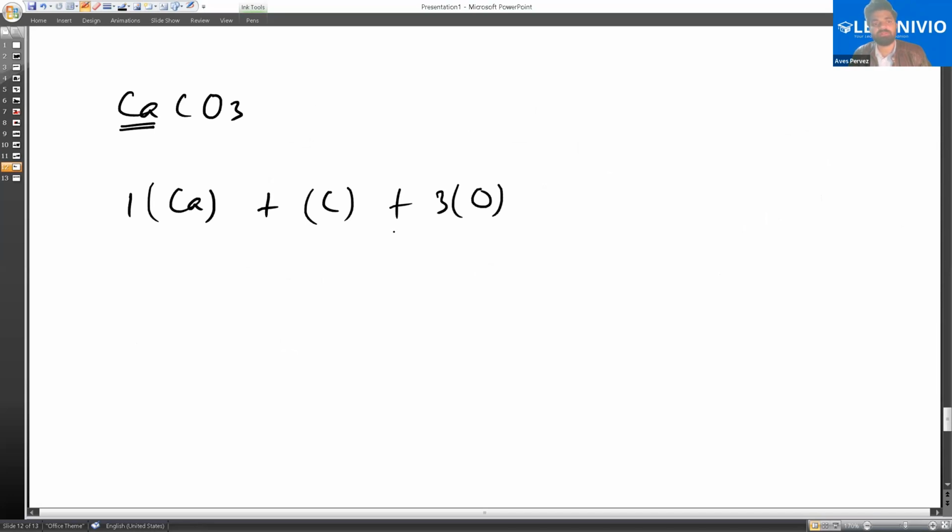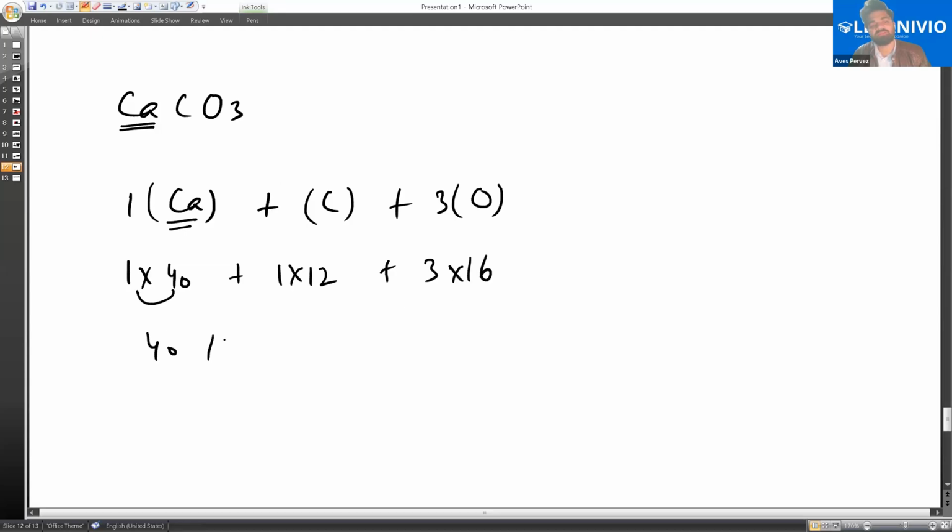Got it? Now you put 1 into the mass of calcium, 40, plus 1 into 12 for carbon, plus 3 oxygen atoms, each of mass 16, so 3 into 16.